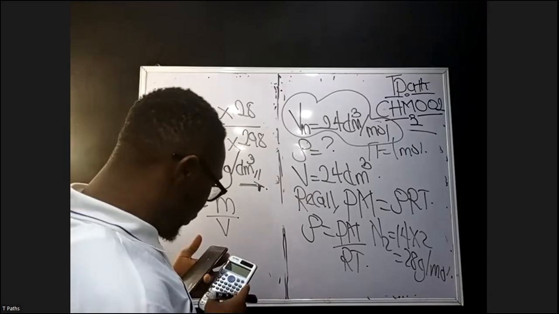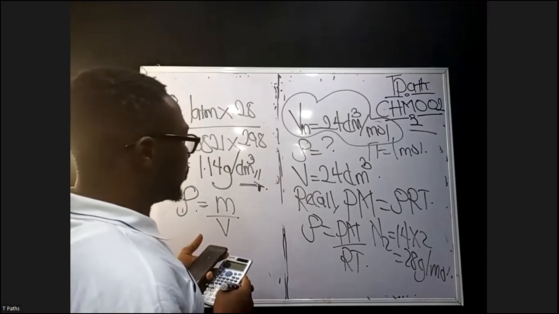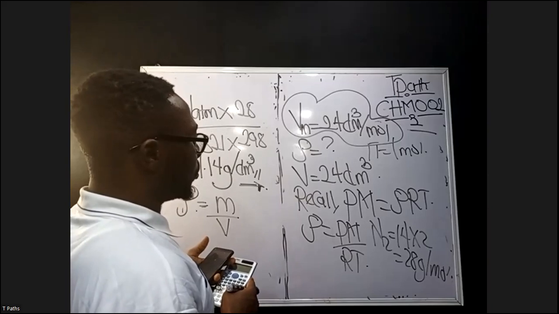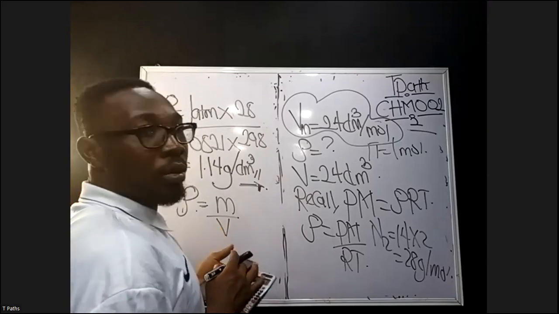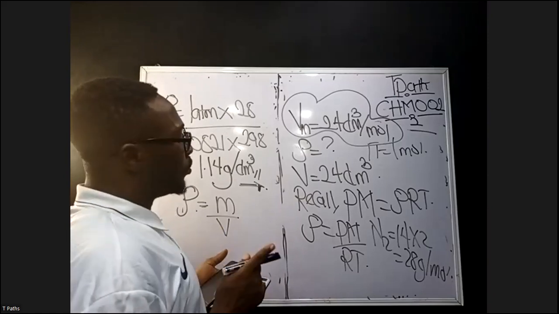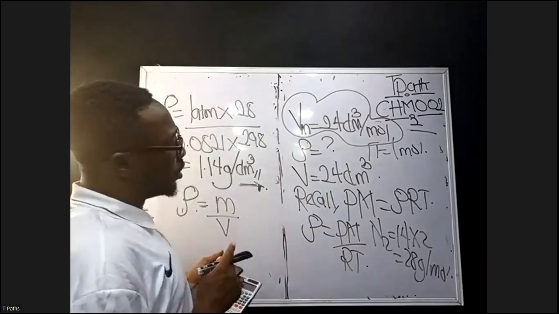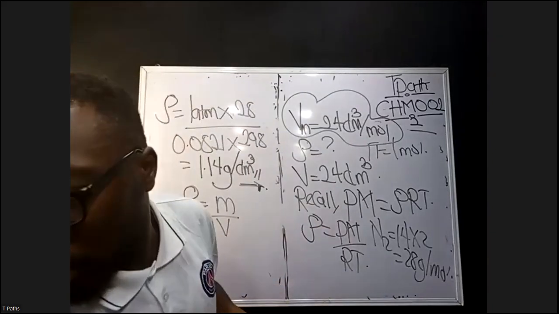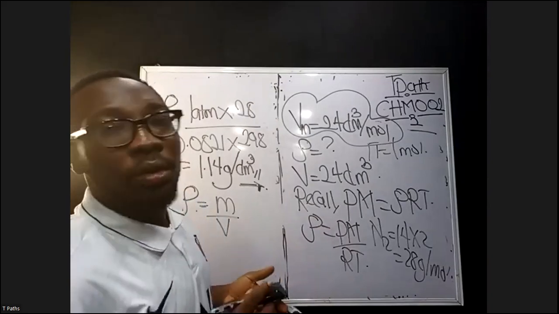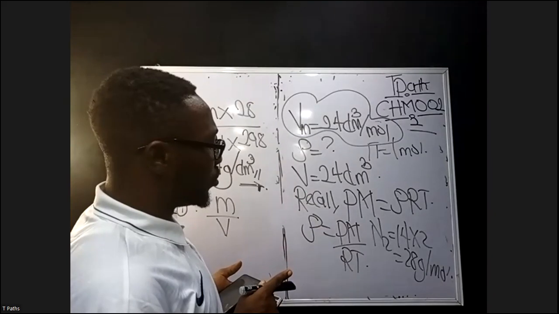14 times 2, 28 gram per mole. Let's check if we are making a funny mistake here. 14 times 2.